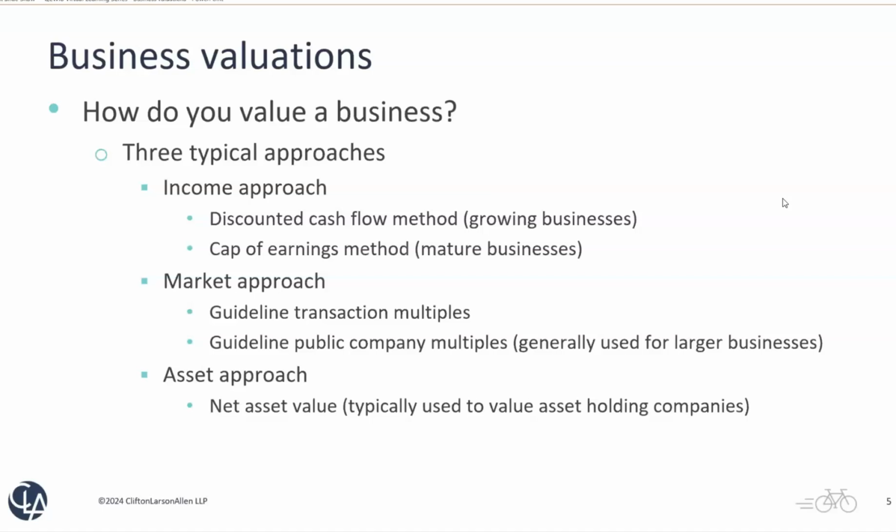Yeah, it's literally looking at the balance sheet, right? So you have your assets, you have your liabilities, and you have your net amount, which is typically your shareholder equity. But in this instance, you would fair market value the assets and the liabilities to come up with that net asset value.